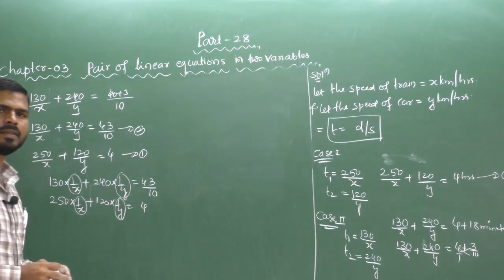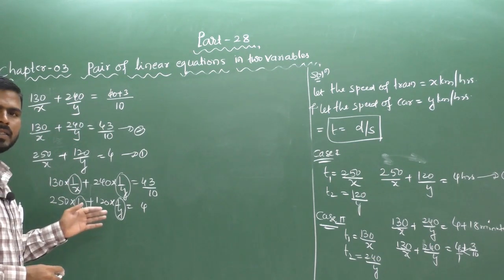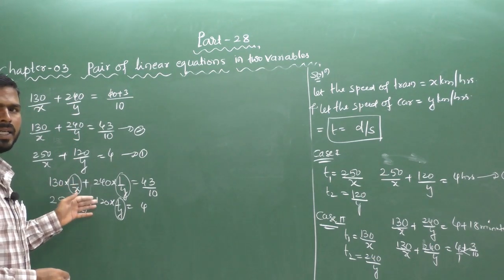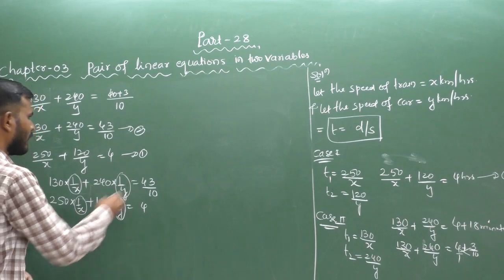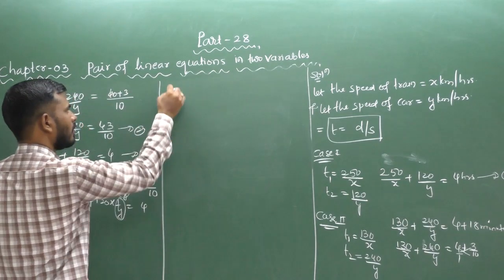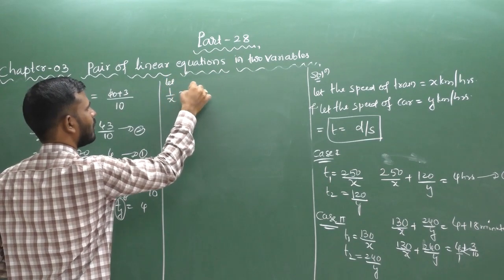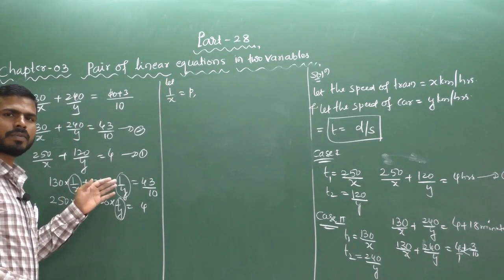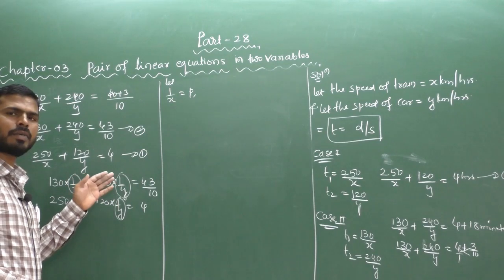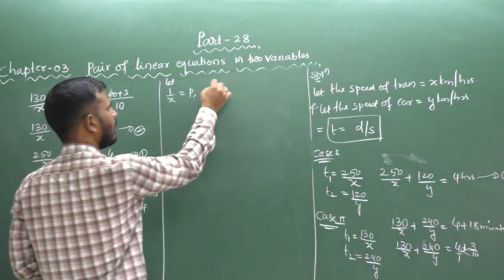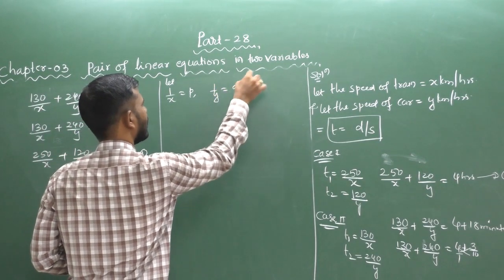So let 1 by x equal to p. Next, the common term 1 by y, so 1 by y equal to q.